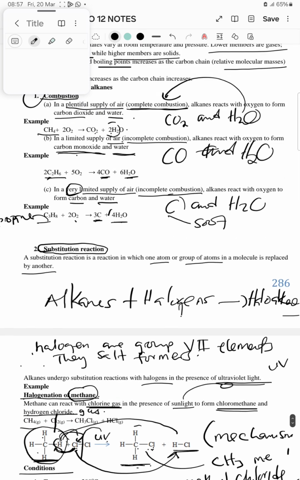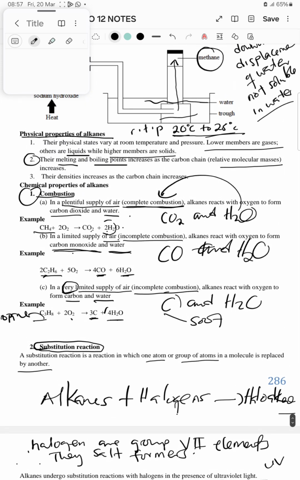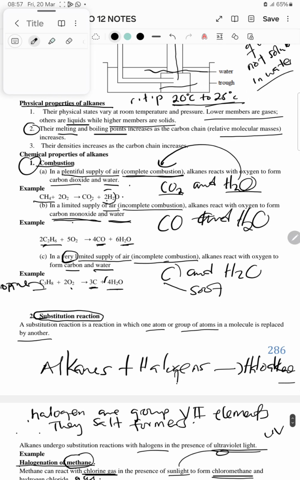So now under combustion we have three categories, which is A, in a plentiful supply of air, where you are going to produce carbon dioxide and water. In a limited supply of air, carbon monoxide and water. In a very limited supply, you are going to form carbon and water.